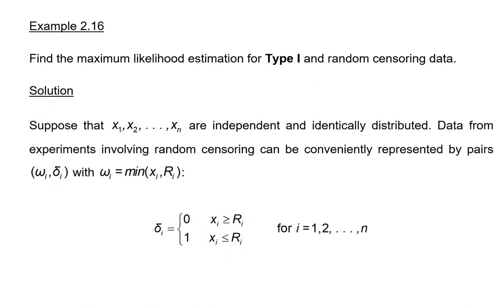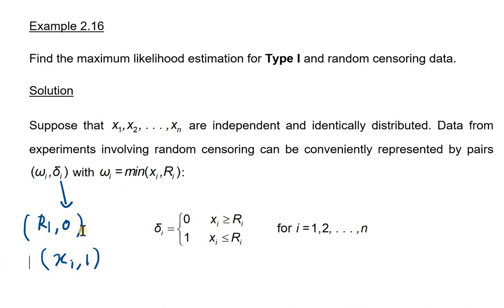For the combination of omega and delta, if delta is 0, for the case of censored data, the omega will take the minimum of the exact time of failure or the time the experiment will stop. So for the censored it will be R_i, but for the uncensored it will be X_i.